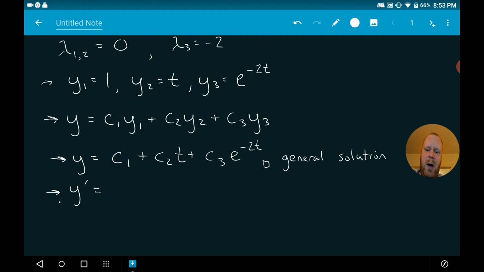So y prime is going to be equal to, well, this term is going to go away. This term is just going to become C2 times 1. And then this last term is going to be negative 2 times C3 e to the negative 2t. Y double prime is going to be equal to, let's see, this term goes away.